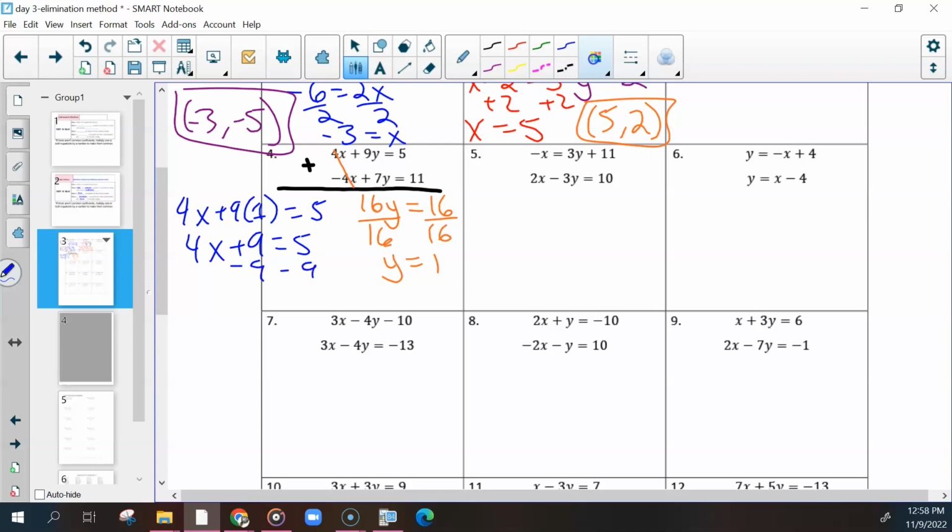Subtract 9 on both sides, and divide both sides by 4. So then our final answer would be what? Negative 1, 1.